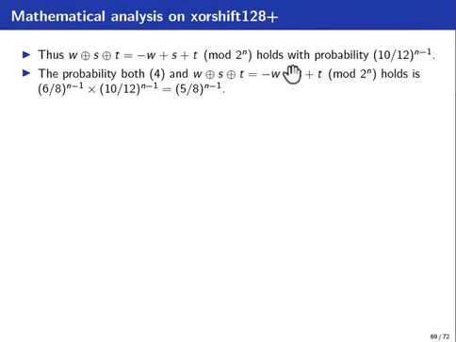Thus, the conditional probability is (10/12)^(n-1), and the probability that the two conditions hold is (5/8)^(n-1).